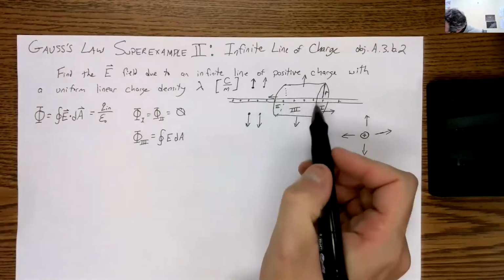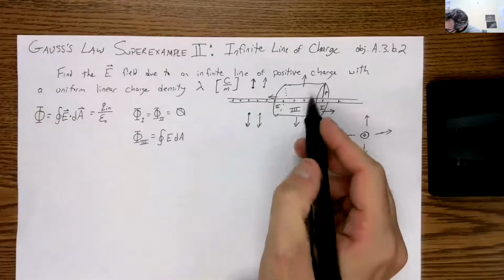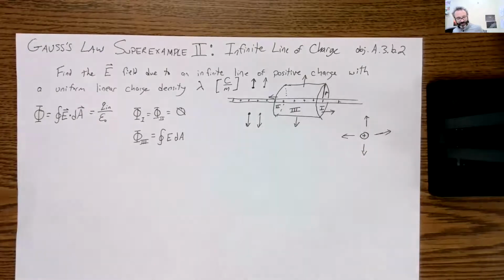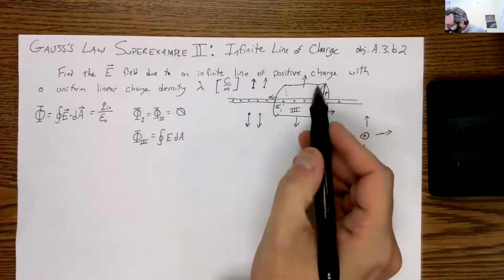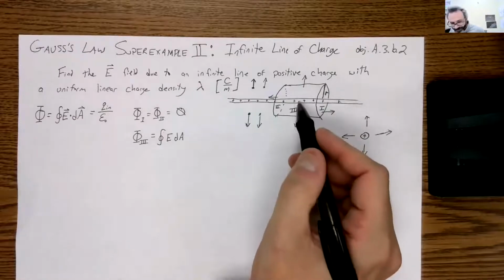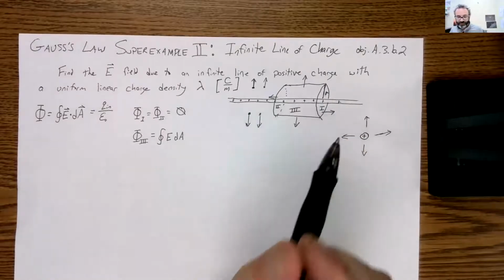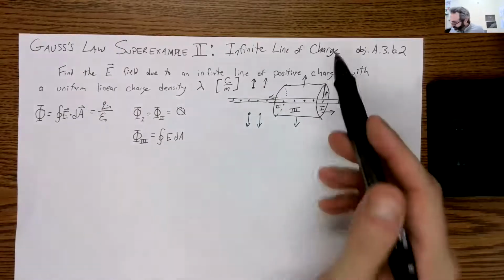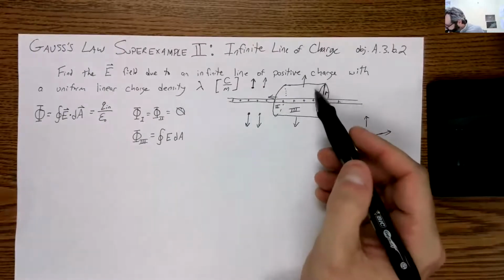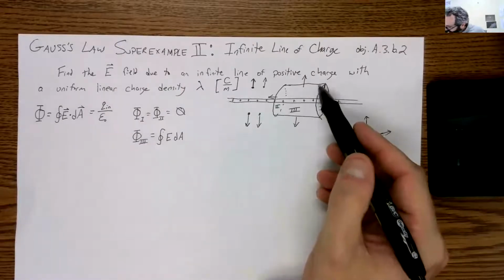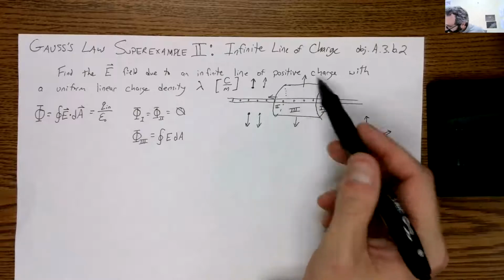It doesn't matter where on this surface we look at the electric field, we can say that the magnitude of it is going to be the same, because everywhere on this surface is the same distance away from the wire. Even if the electric field varies with distance, we're still going to have a constant electric field over just this surface.